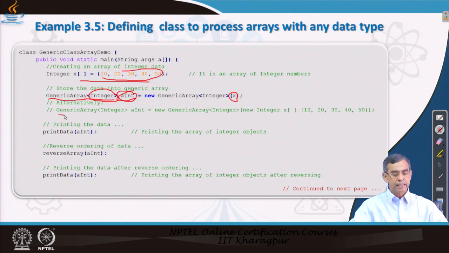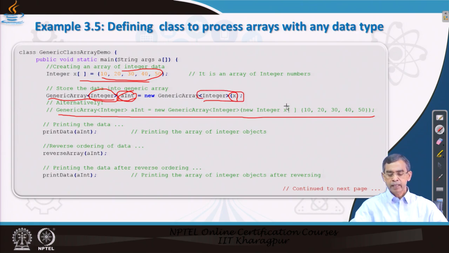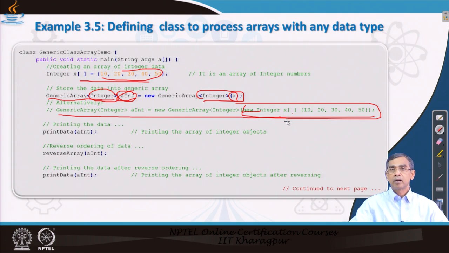Alternatively, this is another syntax you can use at the same time. Here we can see the integer array has been passed using this concept. Here, actually, using this array instantiation created by new and this array, in this case this is not required. So, if we do not want to have it, rather in the same object declaration you can do it, or else this one it can be done.